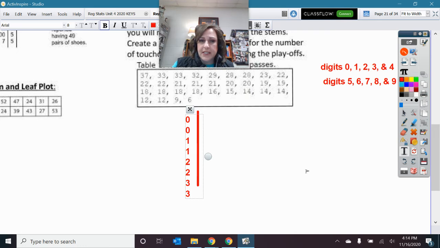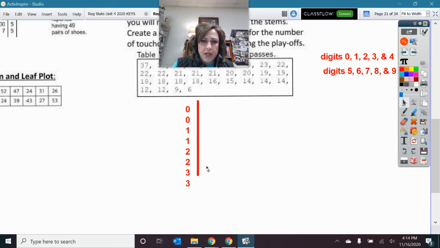Okay, so there's my split stem. Now we're going to put in the leaves. So luckily, this is nice in that it's already in order from least to greatest. So keep in mind, right over here, look at what I have. The first stem would be the digits 0 to 4, and the second one would be the digits 5 to 9.